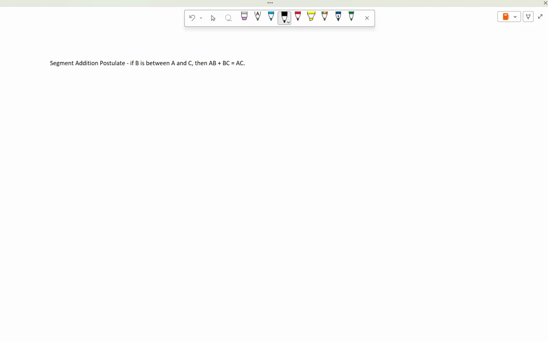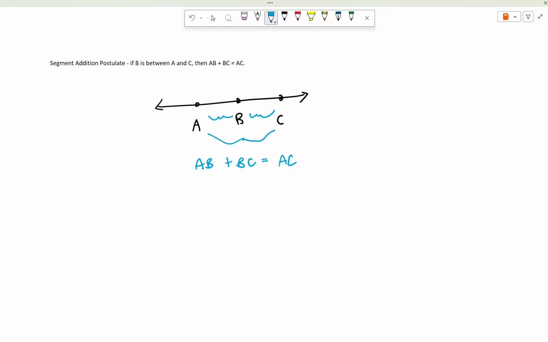Let's actually give this guy a picture. I have my line, and I have some points. So I have A and I have C, which B is in between them. All right. And then what the segment addition postulate says is that AB, that segment, plus BC, right? This plus this is going to be equal to this entire thing, okay? AC.